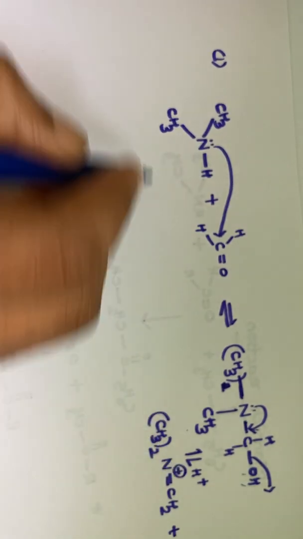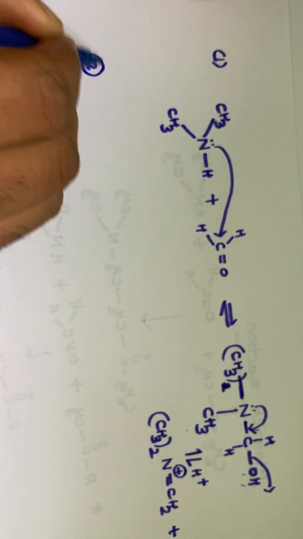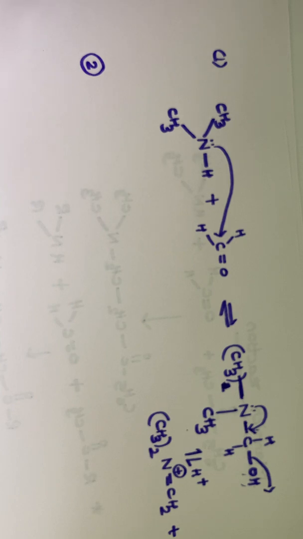Next, the second step. The aldehyde or a ketone containing alpha hydrogen generates a carbanion. When there is an alpha hydrogen, that alpha hydrogen can be removed easily. In presence of a base, they lose a proton, because the proton will be acidic in nature.